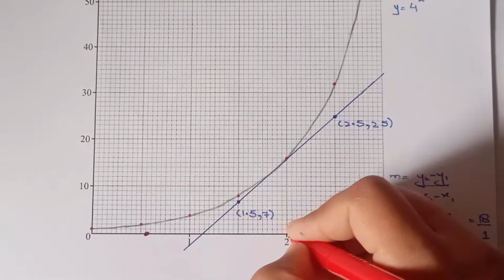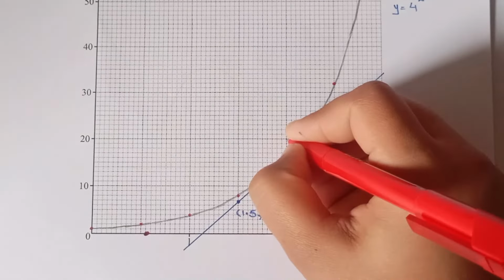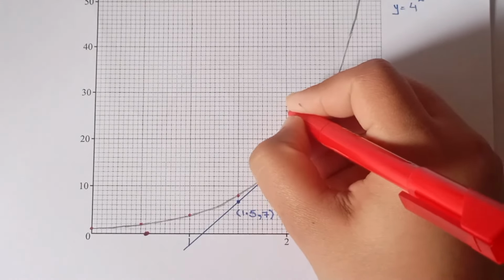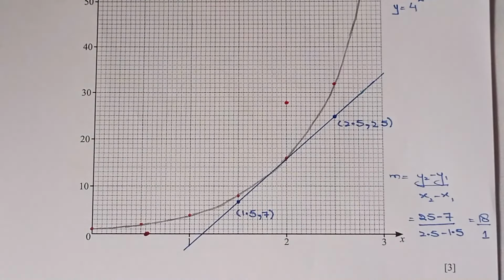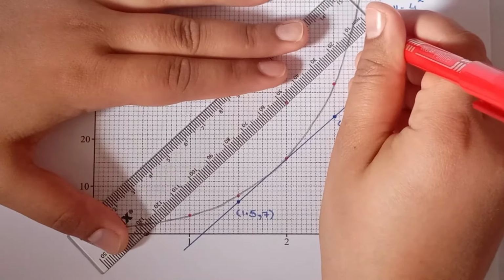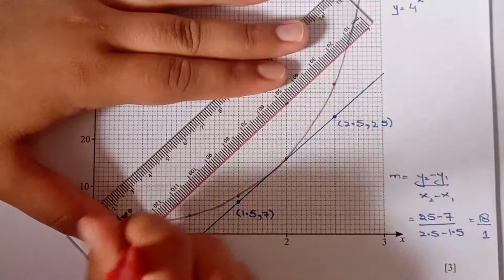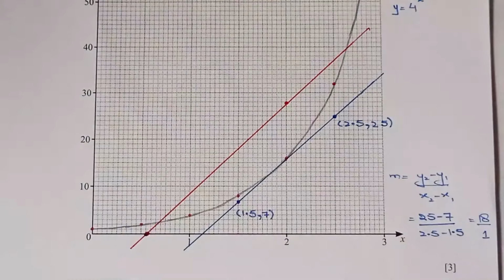When x is 2, y is 28. 25, 26, 27, and 28, this point. Let me draw a straight line connecting these two points.